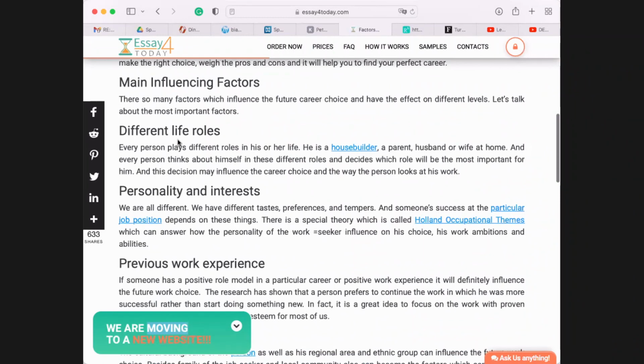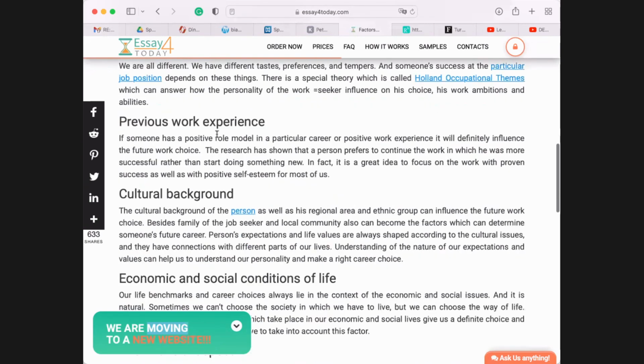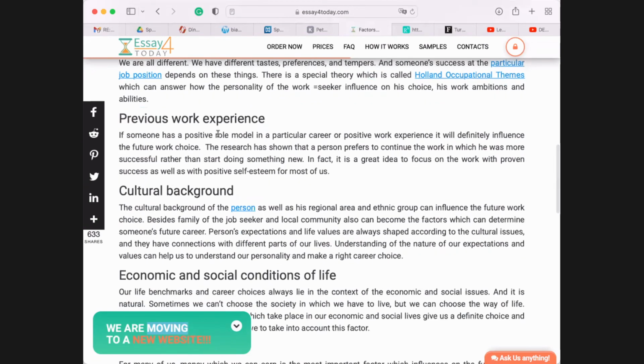The first, different life roles. The second, personality and interests. The third, previous work experience.